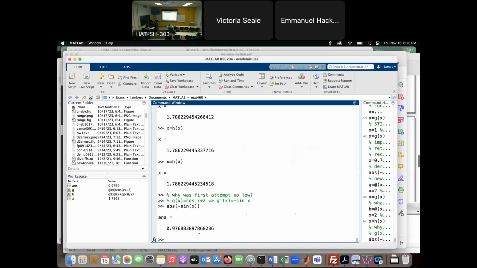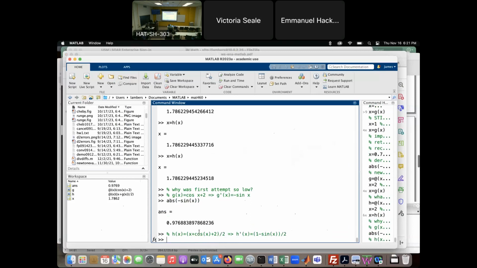So now, if I take h of x is equal to x plus cosine x plus 2, all over 2, then h prime of x is going to be equal to 1 minus sine x, all over 2.